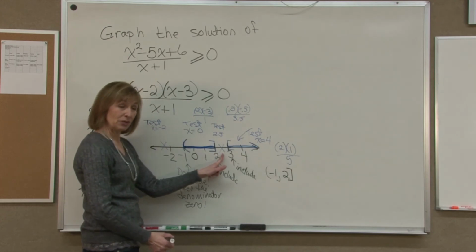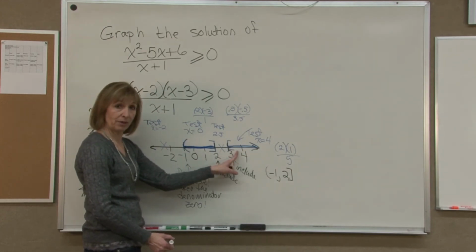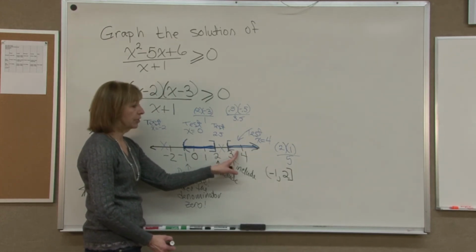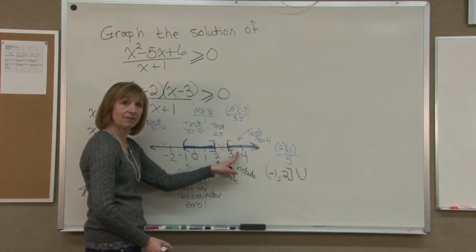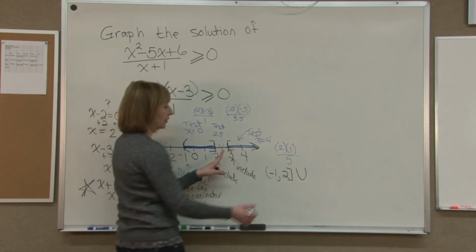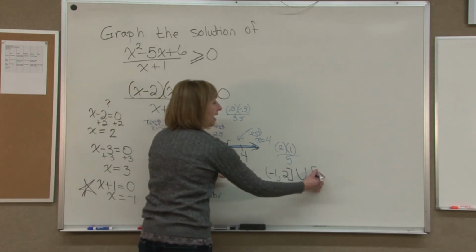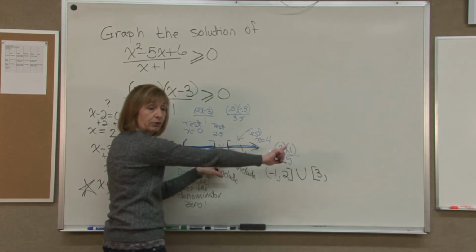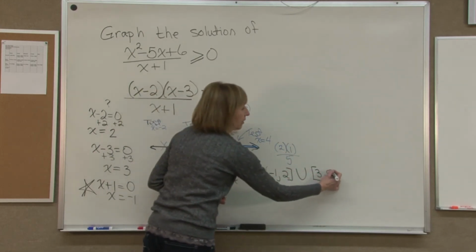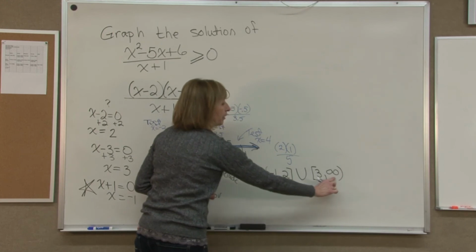And then I do want to make sure to pick up the next part of the solution. So we'll put a union symbol between those pieces of the solution set, and then go bracket at 3, comma, and then it points forever to the right, which means off to infinity. So, comma, infinity.